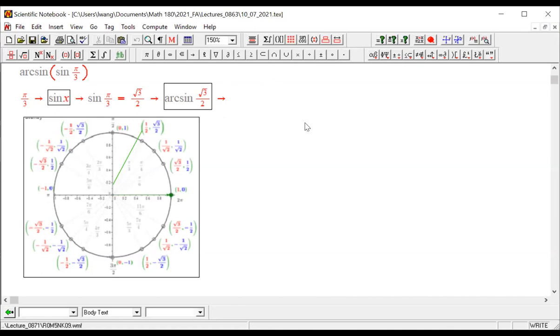You know the output will be one and only one, because ArcSine is a one-to-one function. And that output has to be between negative pi over 2 and pi over 2. So what will be the answer? Pi over 3, right? Okay, so if you don't remember the shortcut, that's the process.